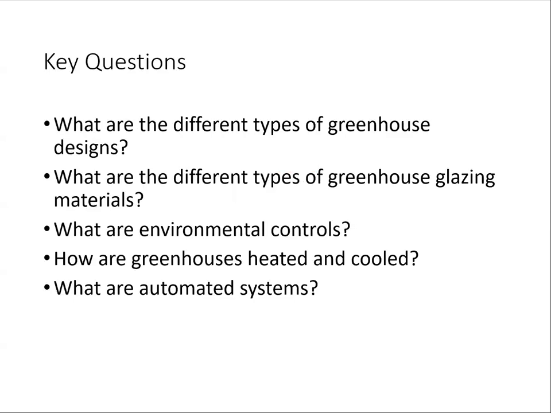So we're going to go through what types of greenhouse designs there are, and there's a lot. Generally, though, right now, especially, the majority of greenhouses that are getting built are clearly for production and profit. And so along with that production and profit, they need to invest in a greenhouse that has all of these things, right?